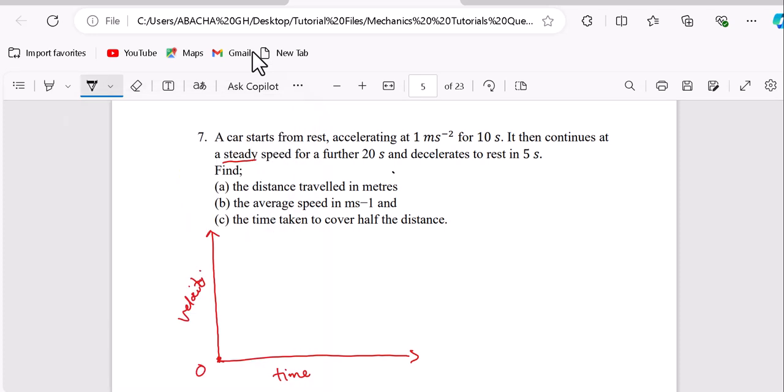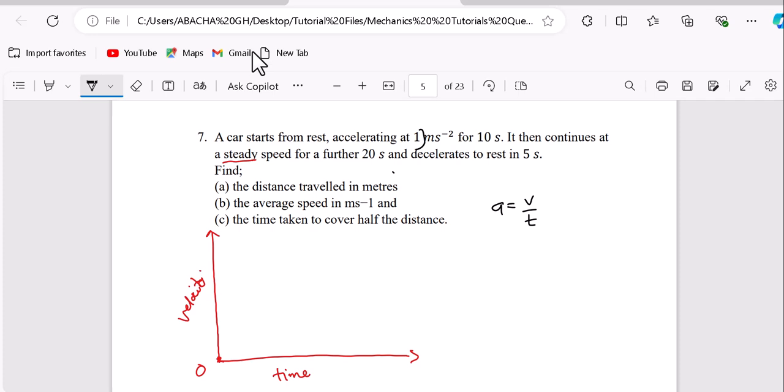And then it was accelerating. They are saying that it accelerates at 1 meter per second squared for 10 seconds. So we know that acceleration is velocity over time.